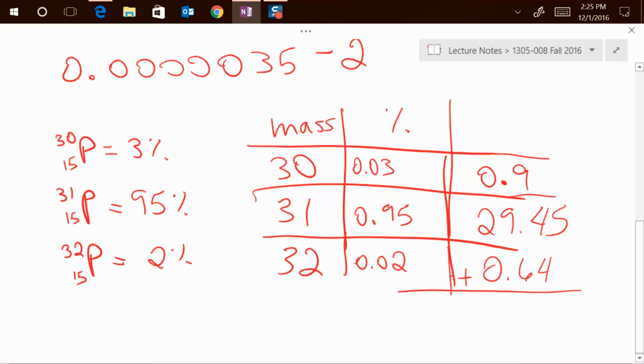What is my average atomic mass? 30.99. Which matches pretty closely phosphorus, 30.97. So that's our average atomic mass. That's how we calculate an average atomic mass.